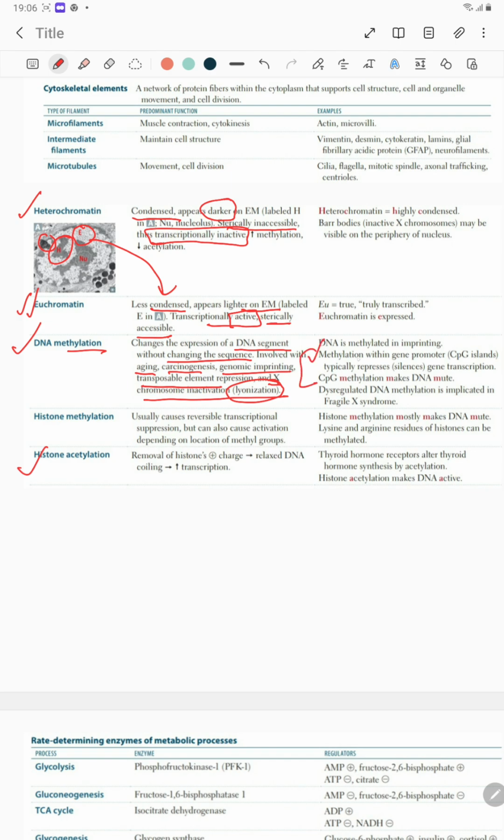This is a question asked previously: methylation within gene promoter CpG islands typically represses or silences gene transcription. So CpG methylation makes the DNA mute. Histone acetylation increases the transcription. So whenever there is methylation, it decreases the transcription and makes the DNA mute, and histone acetylation will increase the transcription.